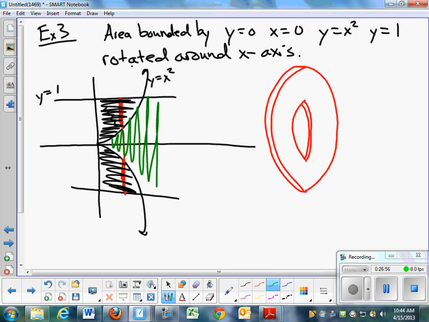So if I want to be able to identify the area of a washer, what do you remember? Here's the area of a washer.